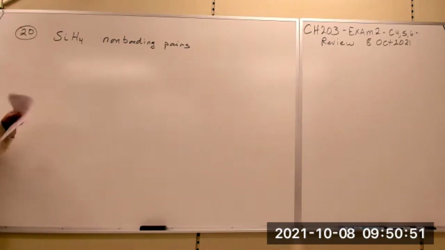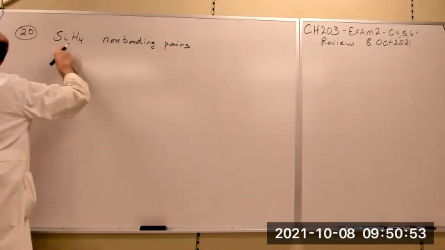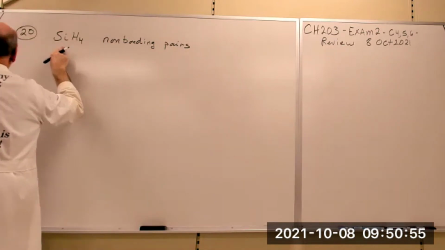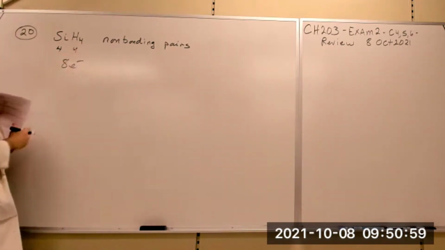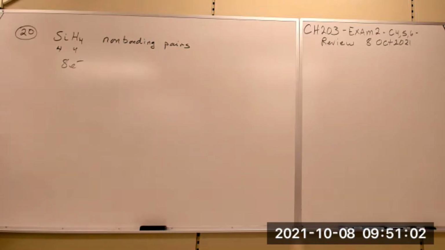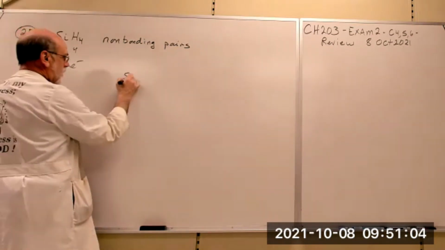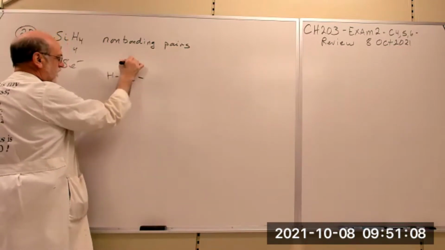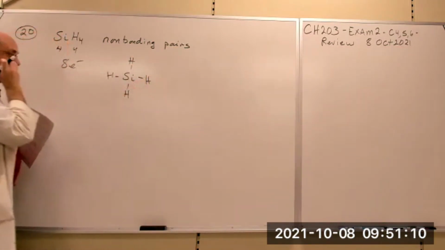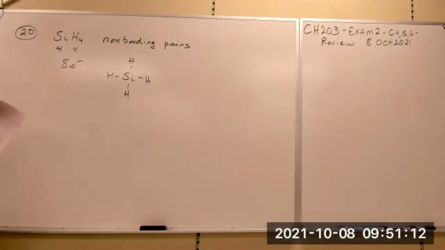So we start off and do our Lewis dot structure. Silicon is same as carbon, 4. And then you have 4 here, so that's 8 total valence electrons. And then we say, okay, we're going to have silicon and hydrogen placed around it like that. That was an easy one.